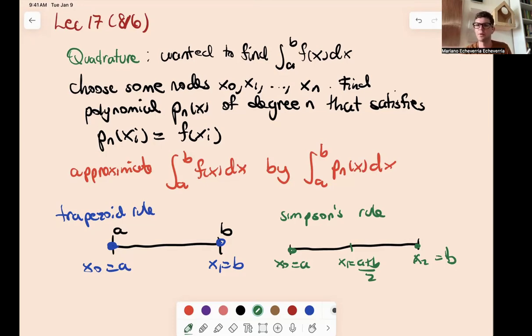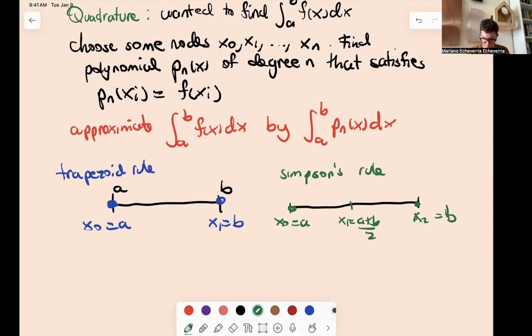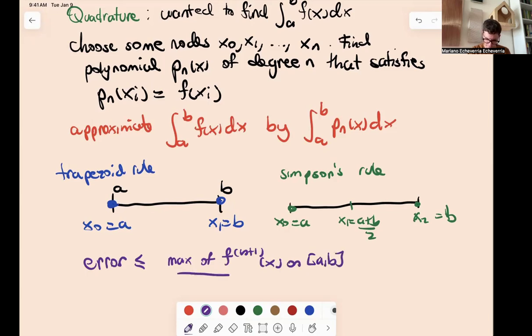And there was this error term that we found as well, which involved the n+1 derivative of the function. So that's maybe useful to remind you of. The error was less than or equal to the max of the n+1 derivative on the interval a, b, divided by n+1 factorial, times the value of some integral.